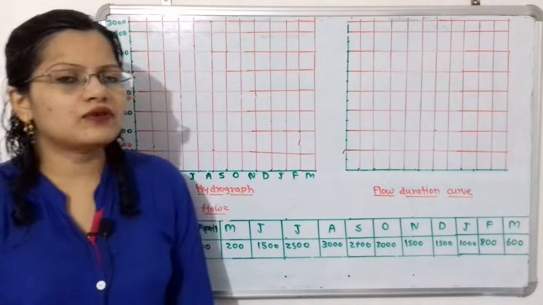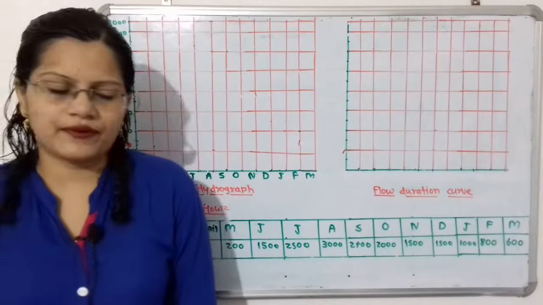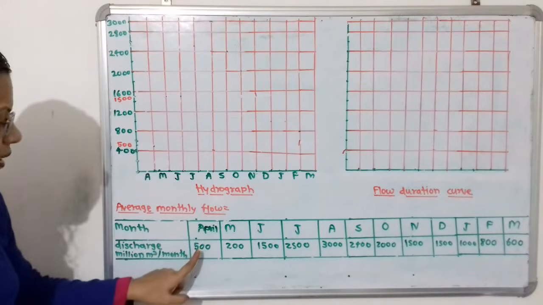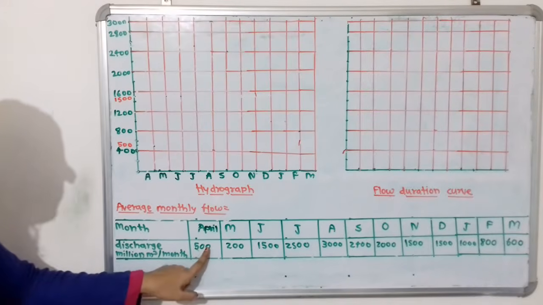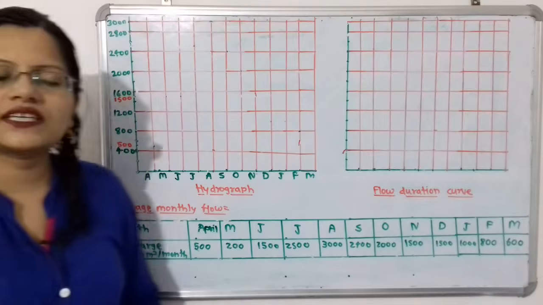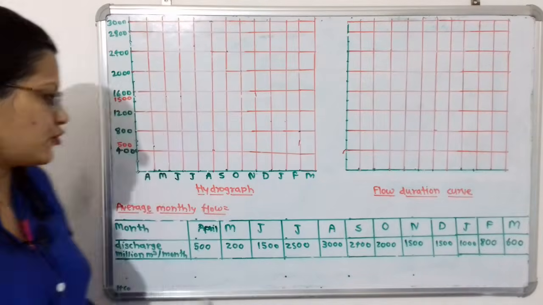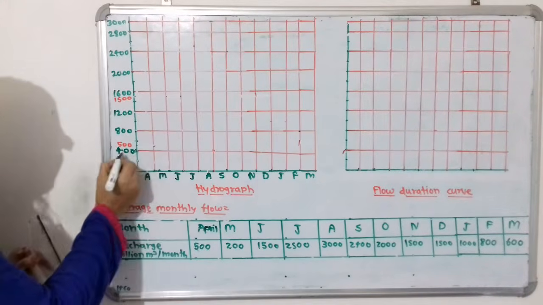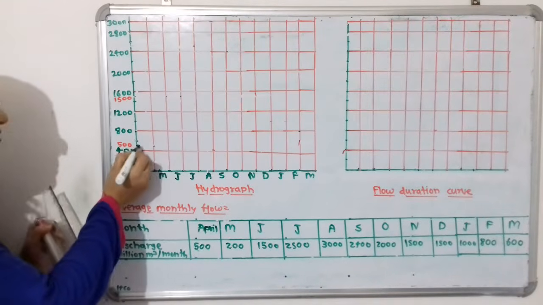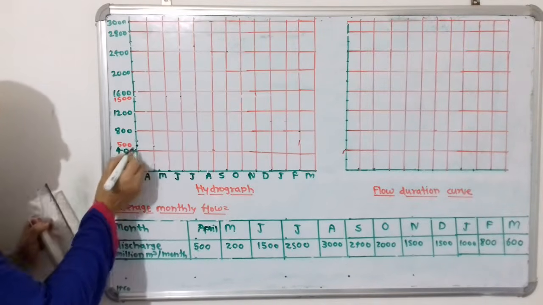Now we will start to draw the hydrograph. Now if we observe here, for the month of April, discharge is 500 million meter cube. So on this vertical line, this is the discharge in million meter cube. So here after 400 we have to take 1 centimeter distance and here the number is 500.